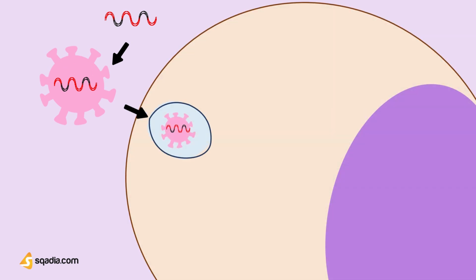Modified deoxyribonucleic acid is injected into a vector. The vector binds to the cell membrane. The vector is packed in a vesicle. The vesicle breaks down and releases the vector. The vector then injects the new gene into the nucleus. The cell then makes protein using the new genes.